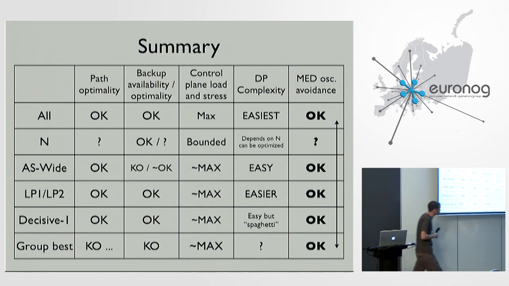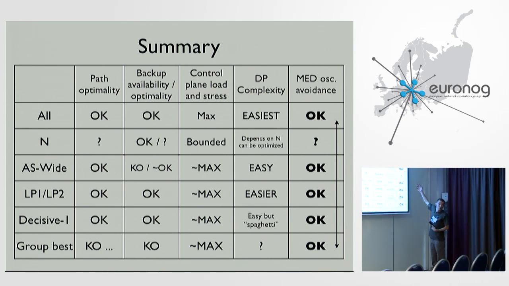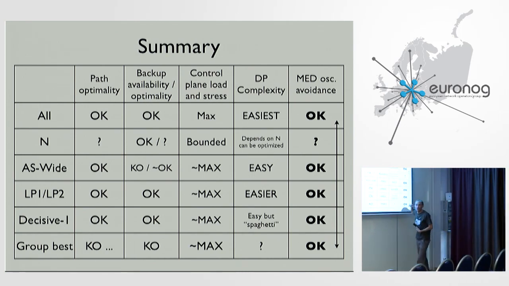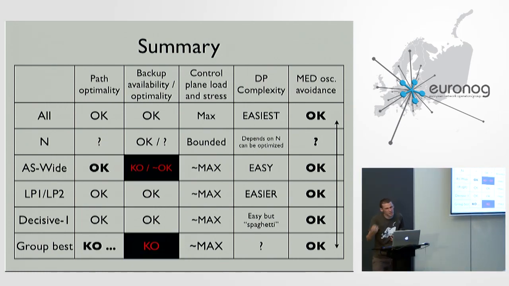MED oscillation avoidance is actually provided by almost all of them but N, right? And this really motivates me to try and get rid of the ones that have been specifically defined for it, because they're really bad at supporting PIC, which is to me the most important use case for AddPath.